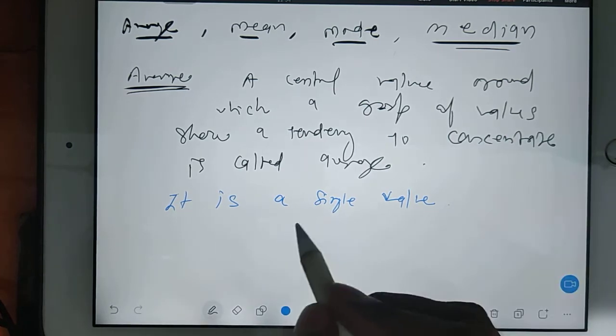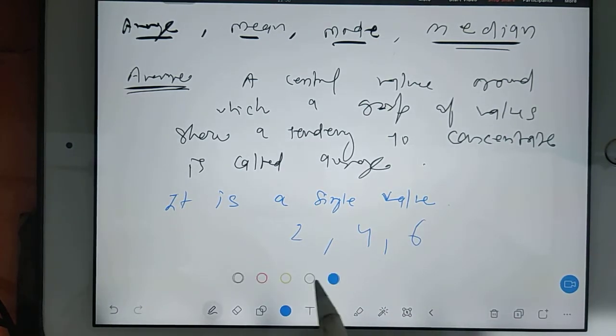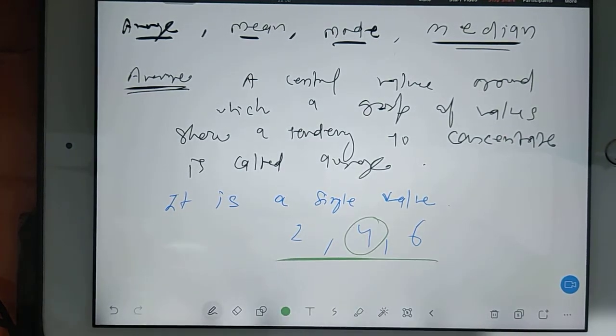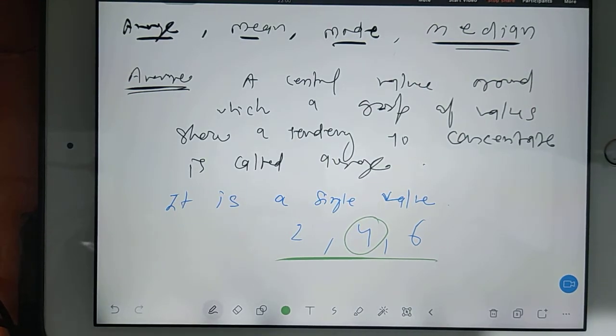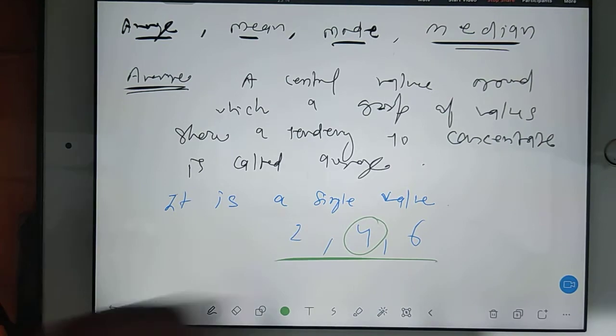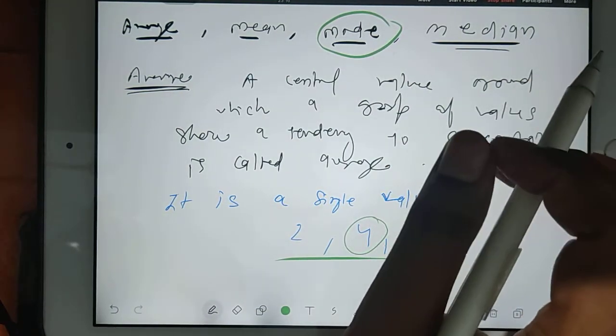It may match. Like for example, 2, 4, 6, right? If you find the average here, it will match with 4. Now we will understand what is mode and what is median, and after learning mode and median, we'll go for mean, because we have classifications under mean. So first I am taking mode.